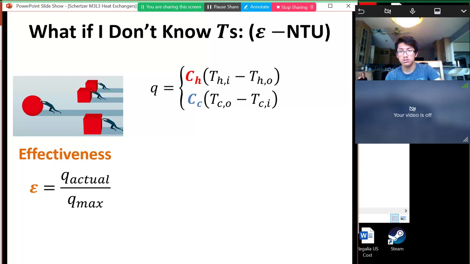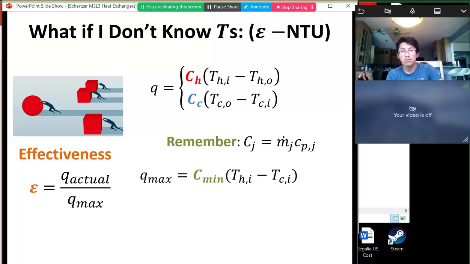We can think about the heat transfer as being equal on both sides, because we're assuming that our whole heat exchanger is adiabatic, that we're not losing any heat to the outside environment. So that means that all the heat that I transfer from my hot side goes into my cold side. Or I can calculate Q either of these two ways, remembering that capital C is equal to m dot times Cp.